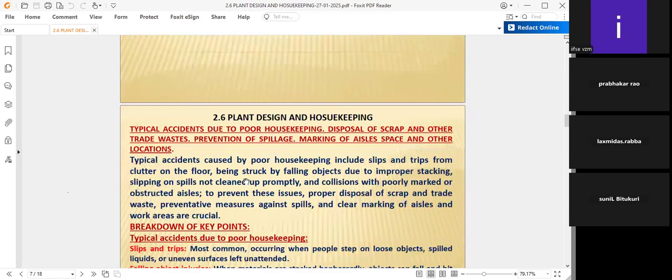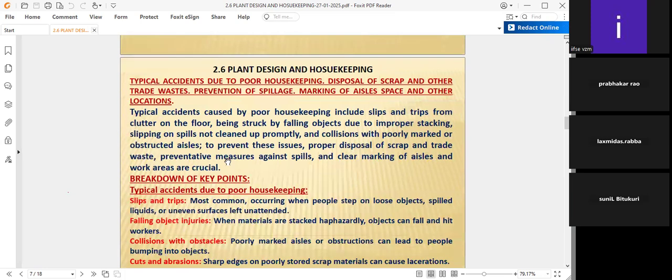But normally, during training, you have to always tell the employees in such a way: if you take care of your organization for 8 hours in a safe manner, without shortcuts and with adherence to the SOPs, then the other 16 hours of life you spend with your blood relations. If you want those 16 hours to be safe, healthy, and wealthy, you have to first give importance to the 8 hours of organizational work.